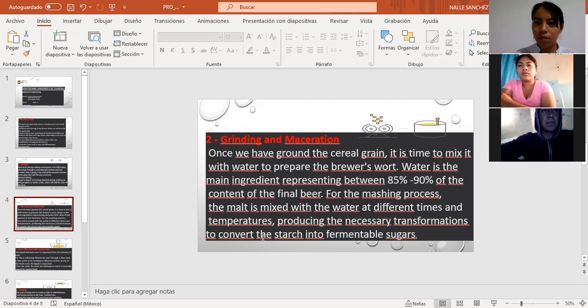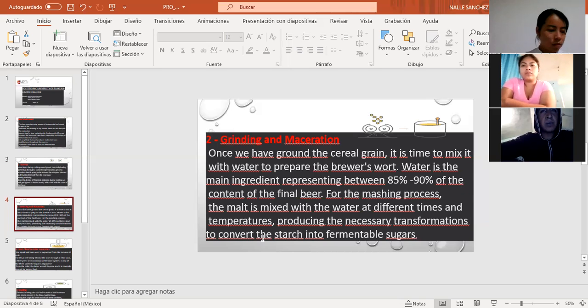Number two, grinding and maceration. Once we have ground the cereal, it is time to mix it with water to prepare the mash and wort. Water is the main ingredient, representing between 85 and 90 percent of the content of a final beer.